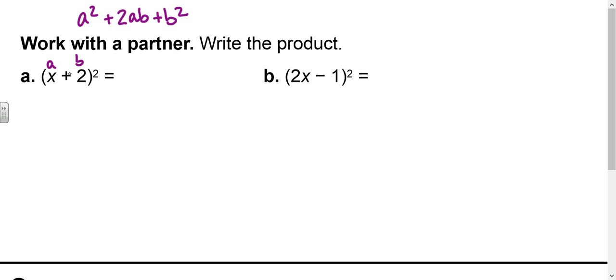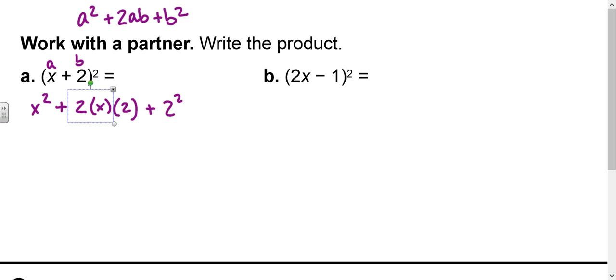So if I take a squared, then I'm taking x squared plus, and then I'm taking 2 times a times b. So I'm taking 2 times x times 2. Then plus b squared, which is 2 squared. Okay?